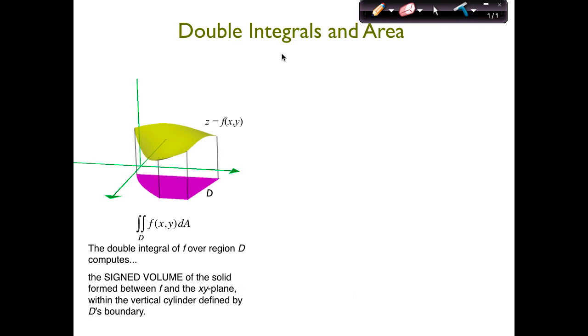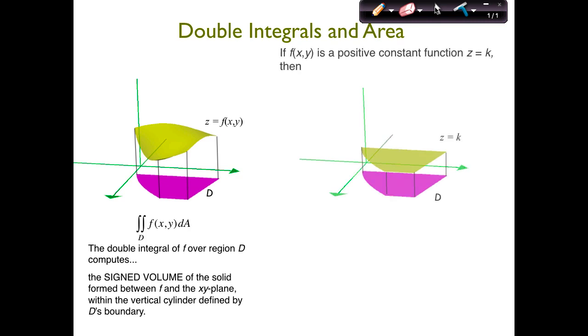Let's take this a step further. Suppose that f is a positive constant function, z equals k. Now it's a constant surface. Then what would the double integral give? What volume?